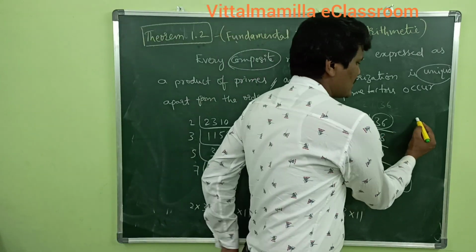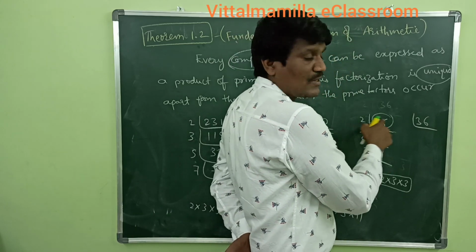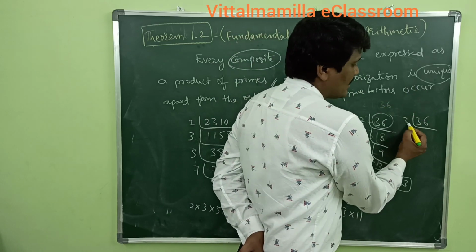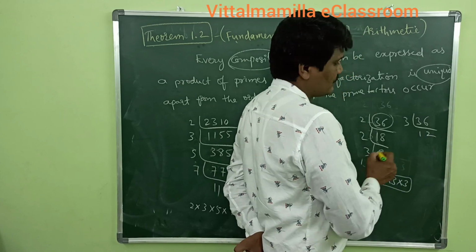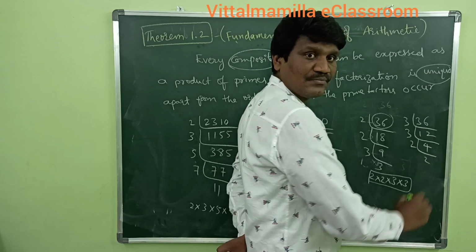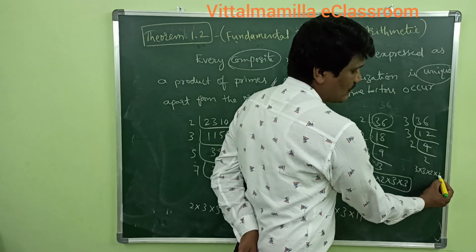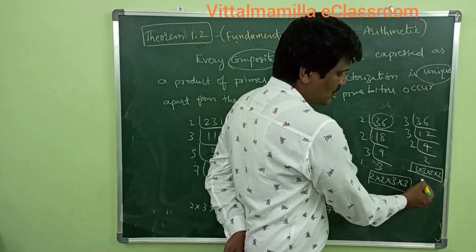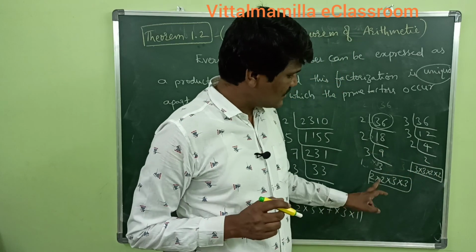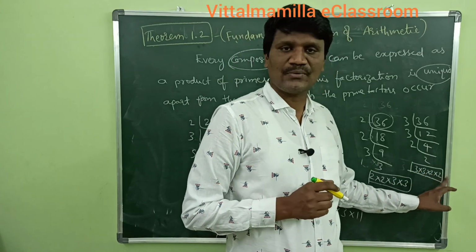Suppose I take 36. I started here with 2, but someone may start with 3 also, right? 3 1s are 3, 3 2s are 6, again 3 4s are 12, again 2 2s are 4. So in this case 3 into 3 into 2 into 2. If you observe, this is 2 into 2 into 3 into 3, and this is 3 into 3 into 2 into 2.